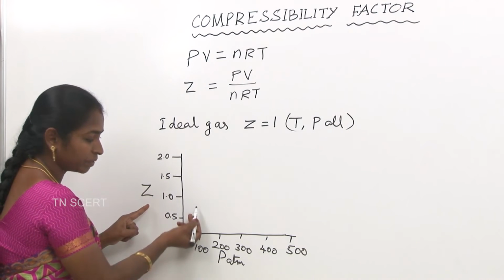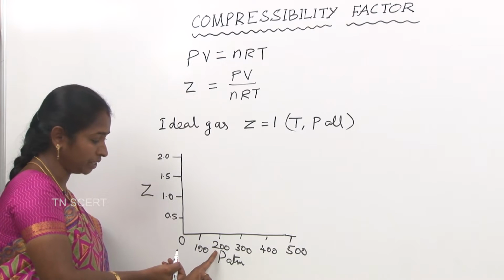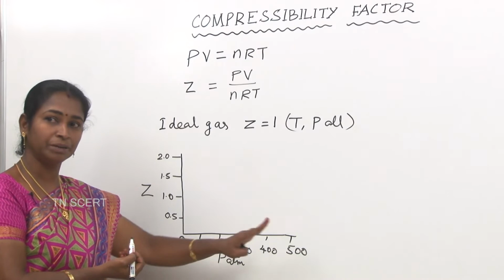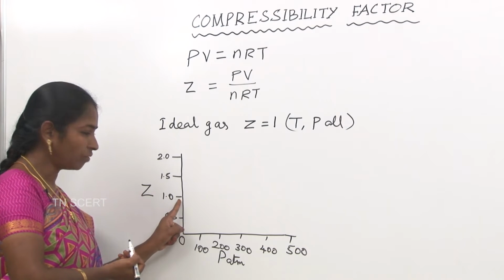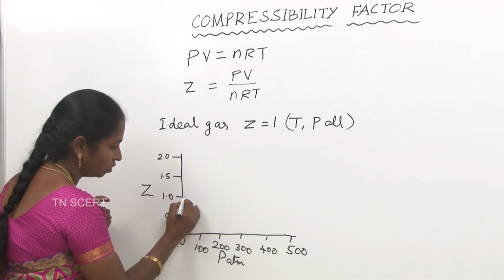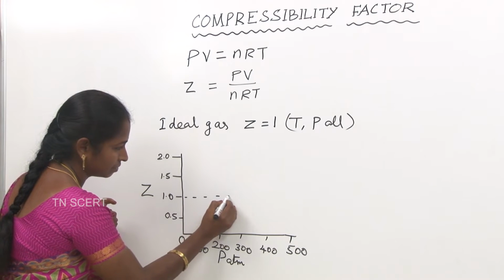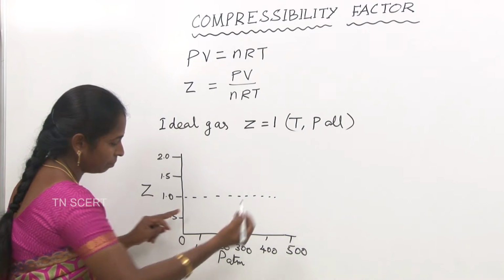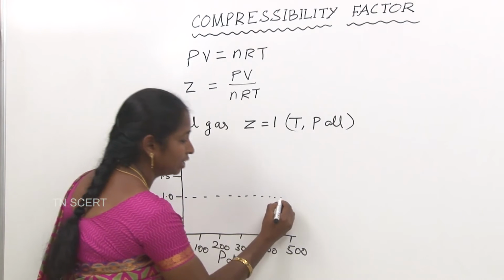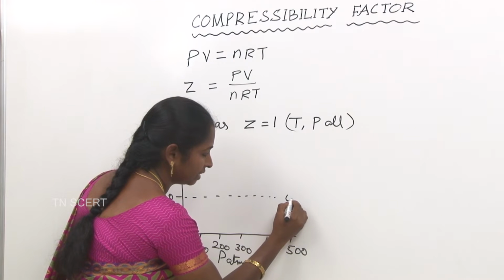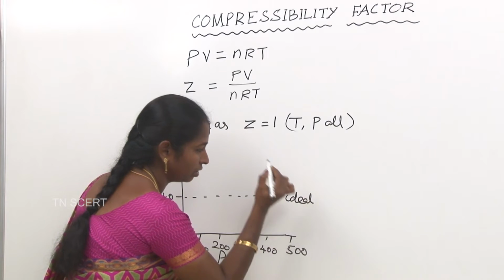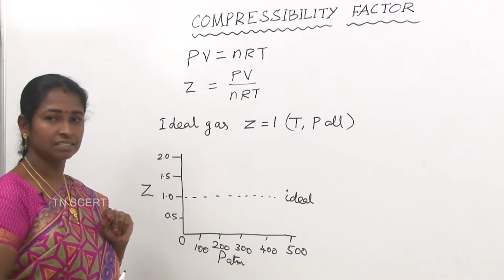So, at any pressure, maybe 100 atmosphere, 200 atmosphere or 300 atmosphere, it does not matter whatever may be the pressure, the value of Z is 1 for an ideal gas. So, you will get the line like this. This will be parallel to pressure axis, isn't it? This line is obtained for ideal gas.